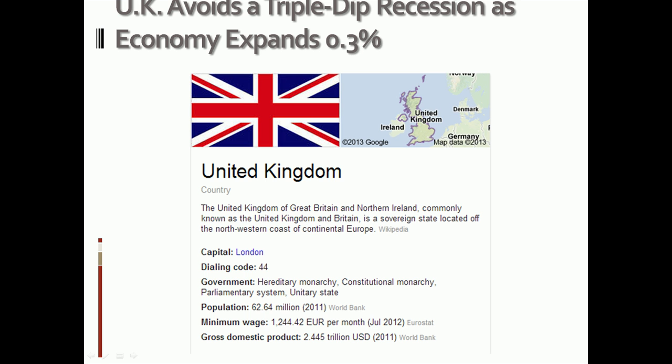That's what the Office of National Statistics said today in London. The median forecast of 37 economists was 0.1% growth. So it was 0.3%, 0.2 more than expected. From a year earlier, GDP rose 0.6%, the most since the fourth quarter of 2011.